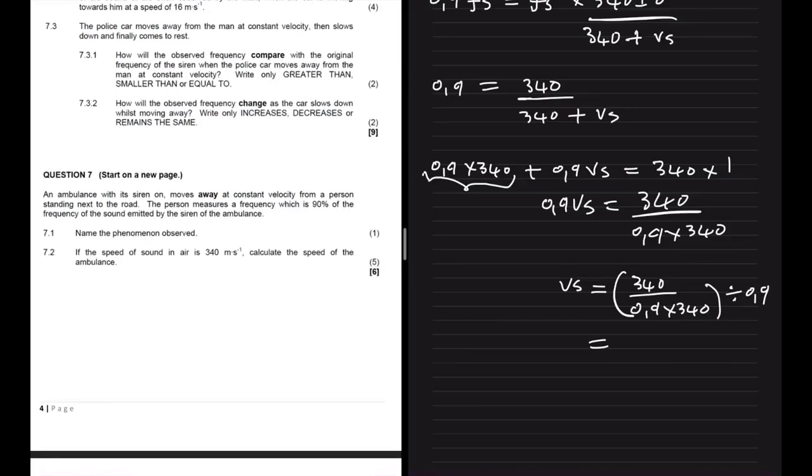Let me go ahead and do that. So VS is 1.2345 meters per second.